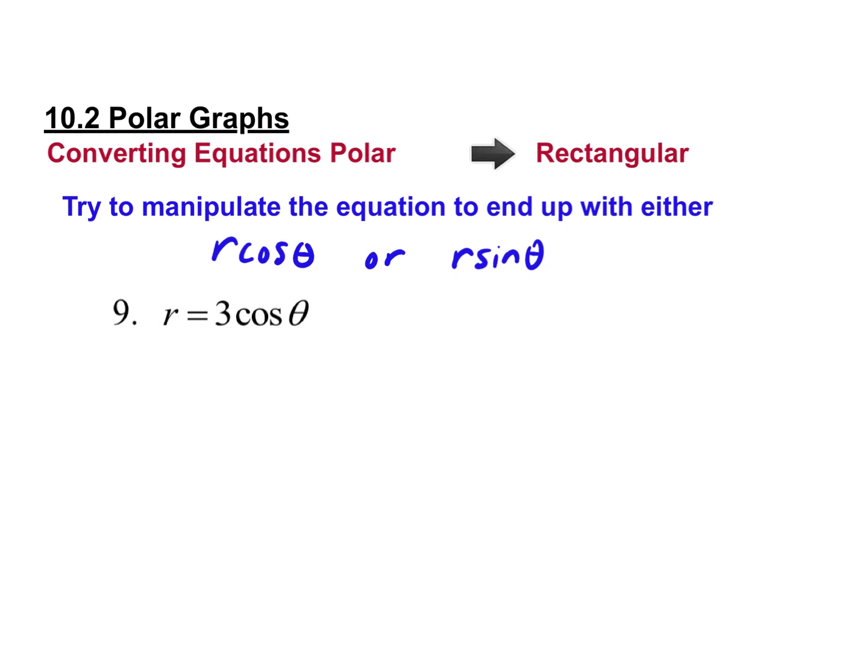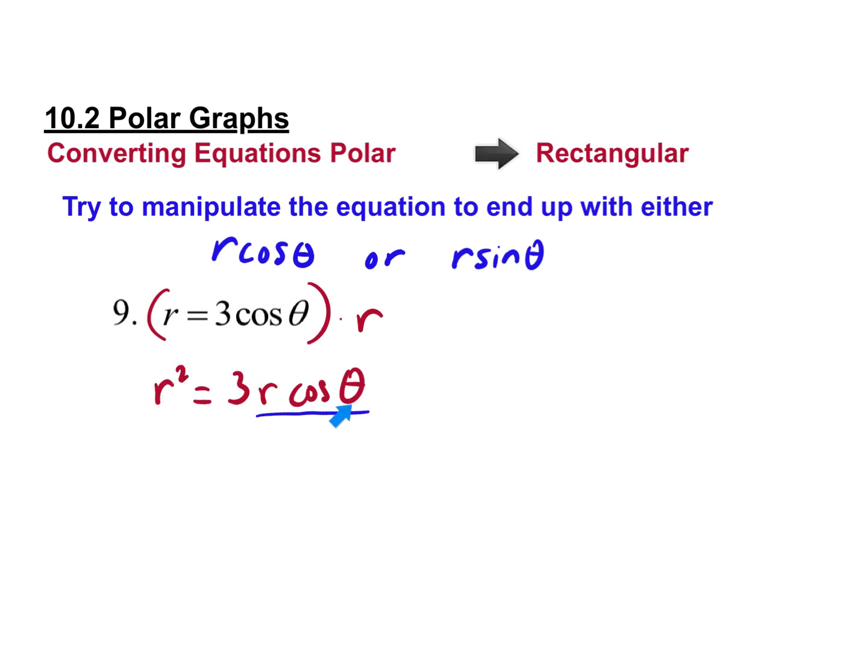Maybe multiply both sides by r. Ding, ding, ding. You are correct. Good job. Multiply both sides by r, and that allows it to have an r cosine theta.